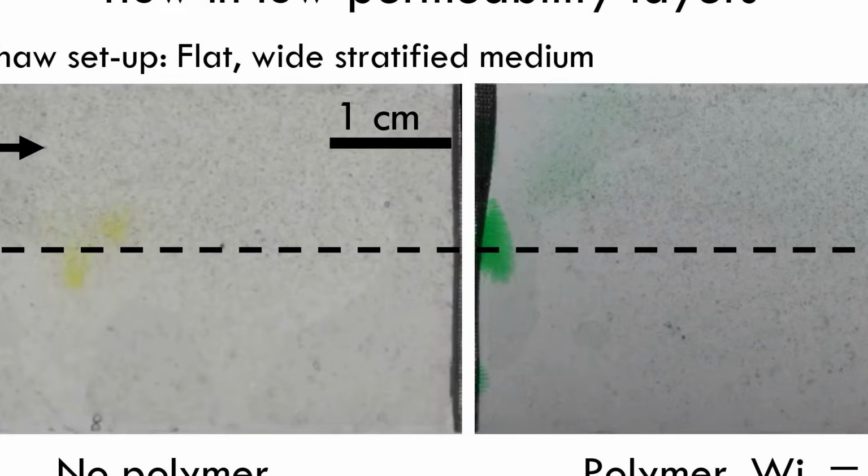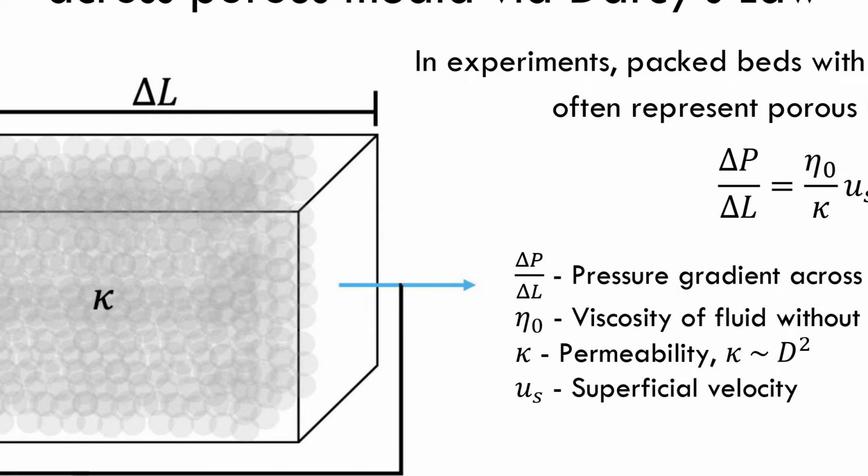So we created a parallel resistor model. Before I get into that, though, I want to talk about what we're basing this model off of. Prior experimental work and theoretical work models the pressure drop in a fluid flow across a porous medium through Darcy's law. On the left here, I have a diagram of essentially our micro model of a porous medium. This is a slightly different setup from the Hele-Shaw that I had in the last slide.